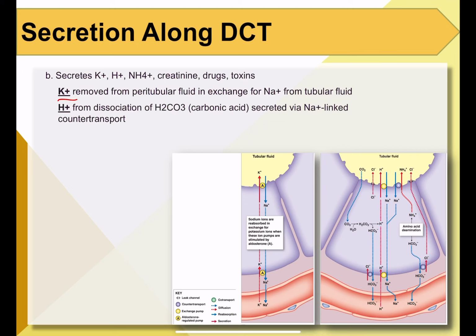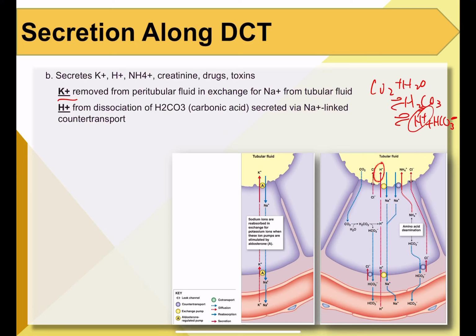Remember, if you have too much CO2, you end up making a lot of carbonic acid, which then splits into hydrogen ions and bicarbonate ions. So an increase in hydrogen ions is going to tell your kidney to get rid of those extra hydrogen ions. That's why you have excretion of hydrogen ions or bicarbonate, depending on whether you're too acidic or too basic, as we have already mentioned.